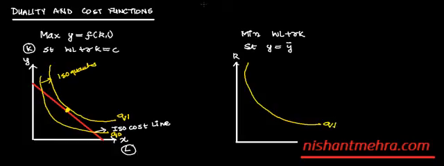And you ask yourself, what is the minimum cost in order to achieve this? Is this the minimum cost? No, you can go still lower. This guy is the minimum cost, this point. So this is a dual problem. Either you can minimize cost subject to a given production, or you can maximize production subject to a given cost.